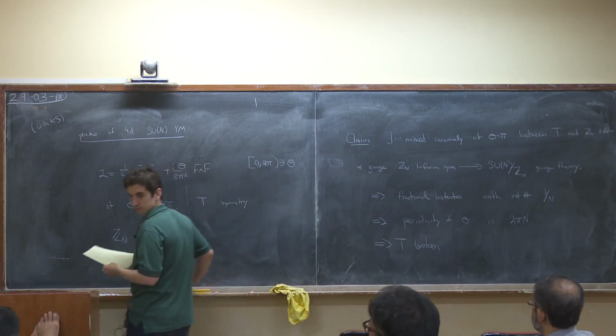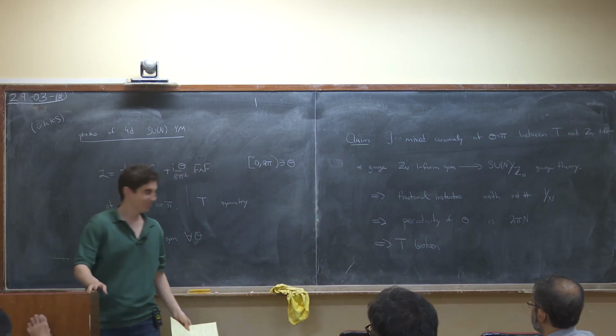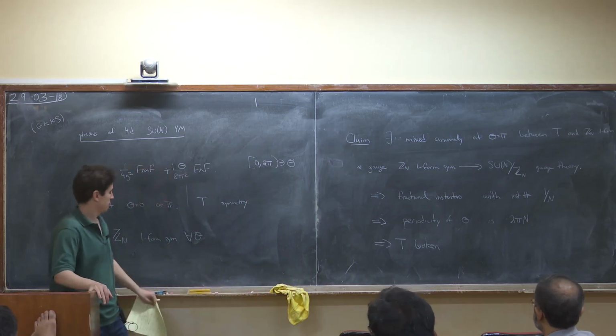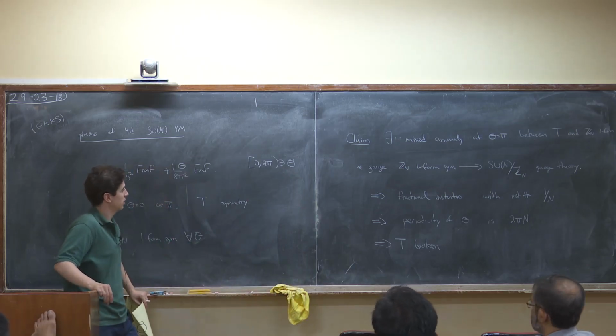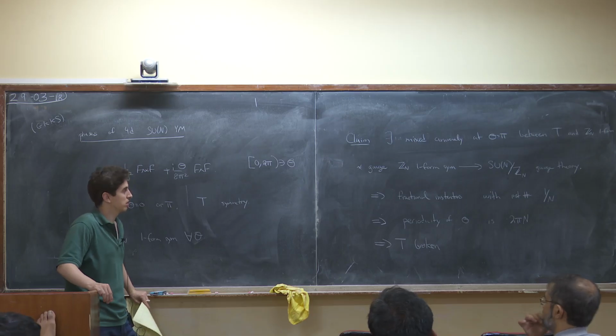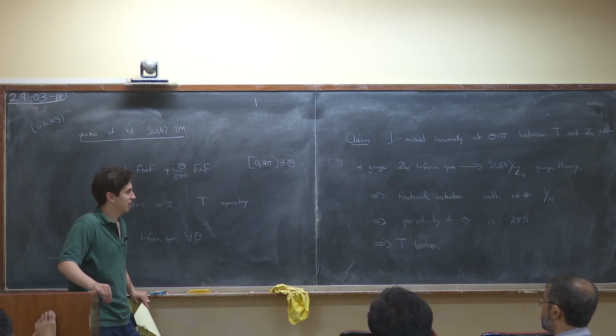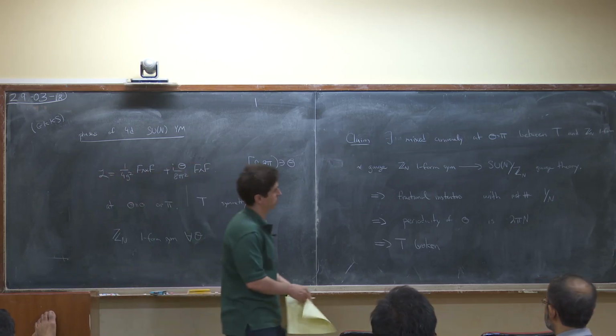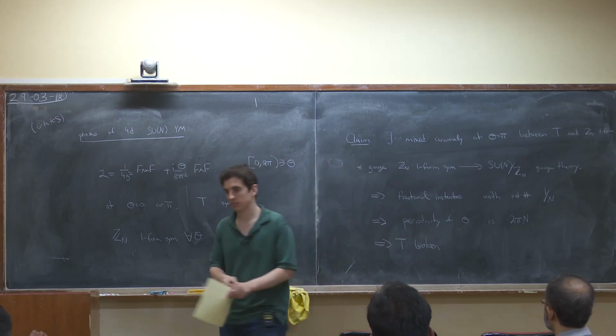You should be able to see it the other way around as well, that we gauge T. It's more subtle to say what it means to gauge T. It means you consider your theory on a non-orientable manifold. That gets a little technical for me, but I think it is possible to see, but I don't know how to do it directly.